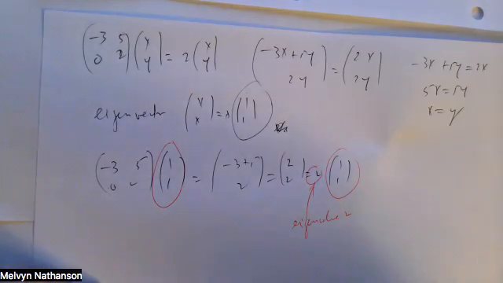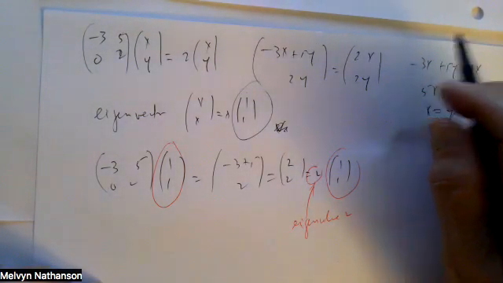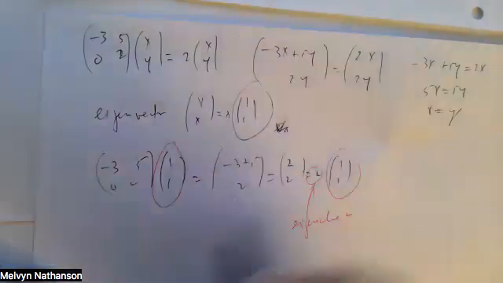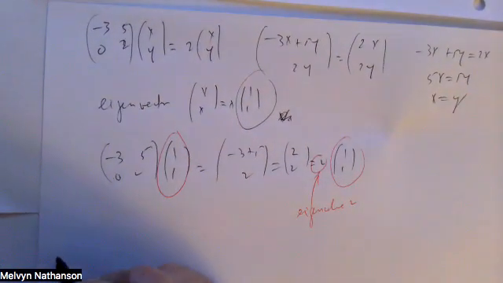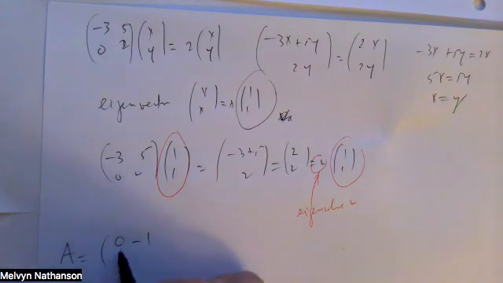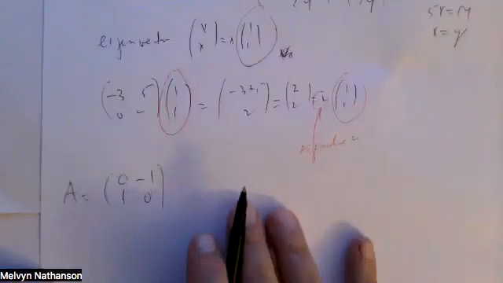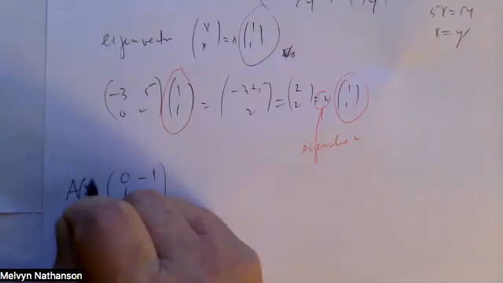Let's look at another example. Suppose we take the matrix 0, minus 1, 1, 0. We apply this to a vector xy.